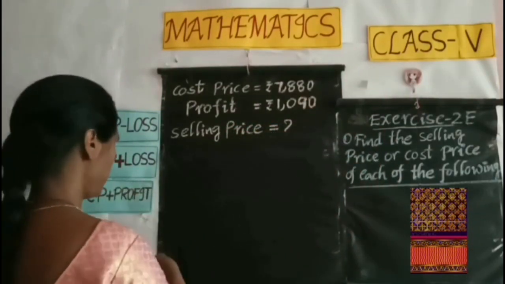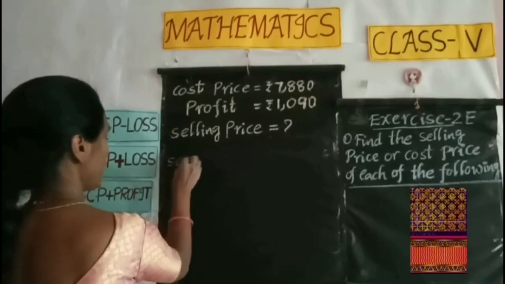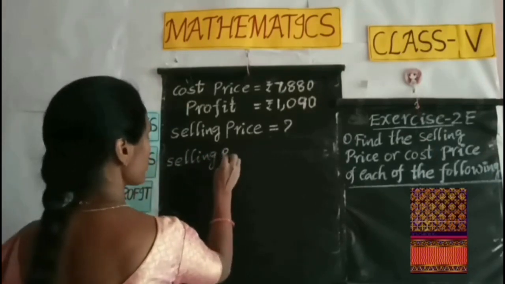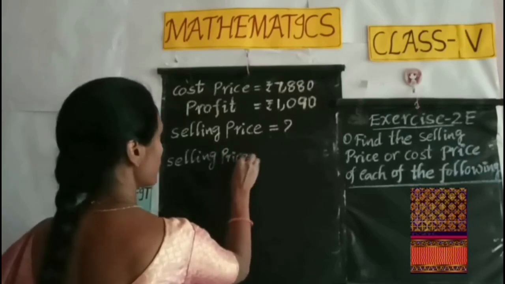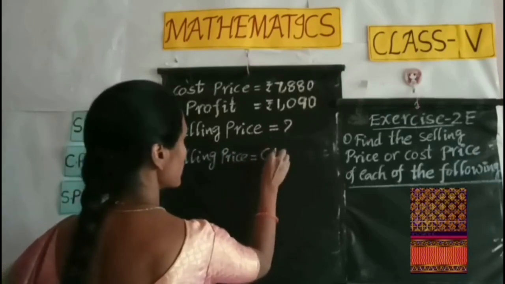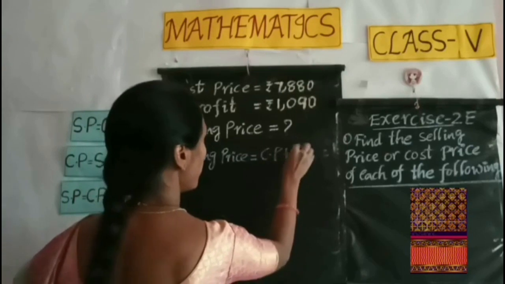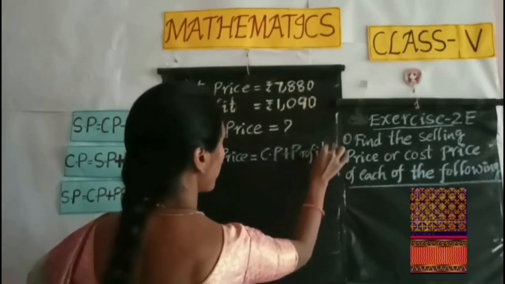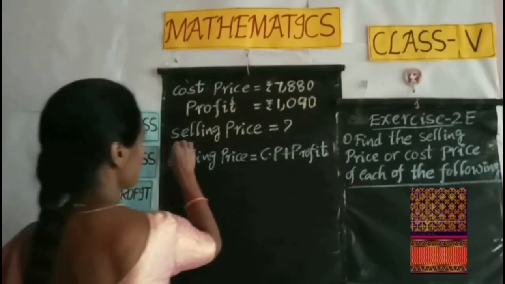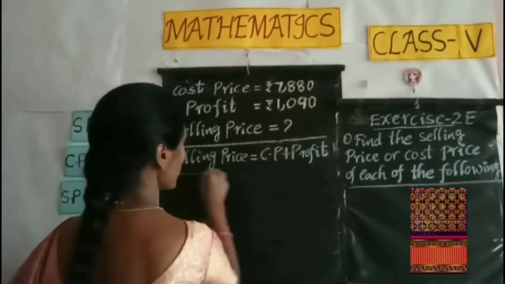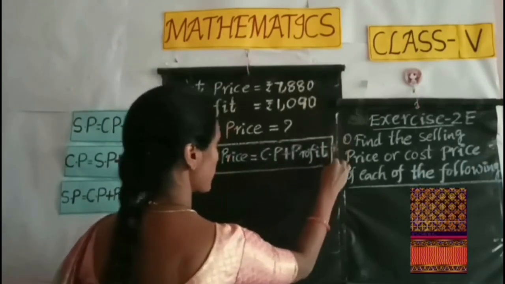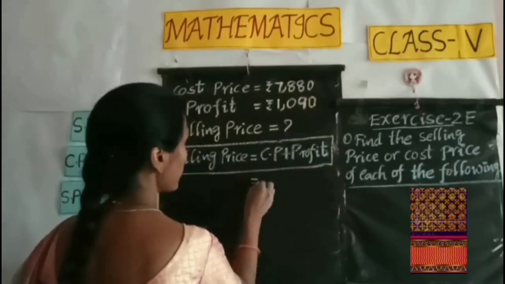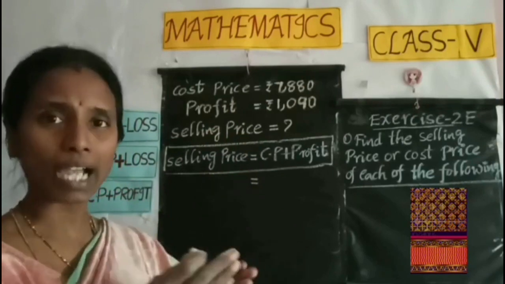Okay, children. Selling price is equal to CP plus profit. Okay, children. So when cost price and profit are given, to find the selling price, CP and profit both are added.